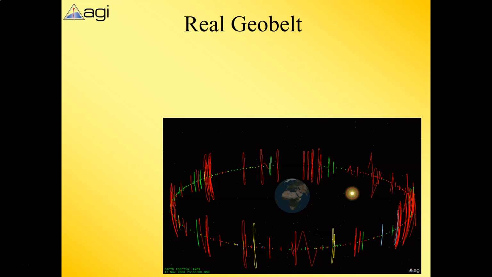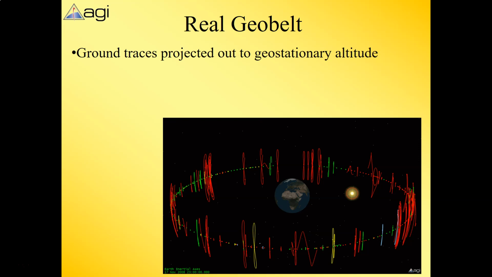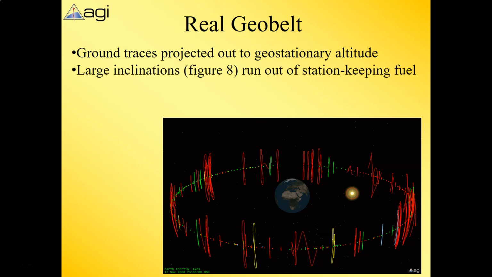This is what the real geobelt looks like. Here we have taken ground traces and projected them out to a geostationary altitude. Ground traces of all operational geostationary satellites are shown here at that geostationary altitude, and large inclinations create this figure 8 type orbit when a satellite has run out of station keeping fuel.